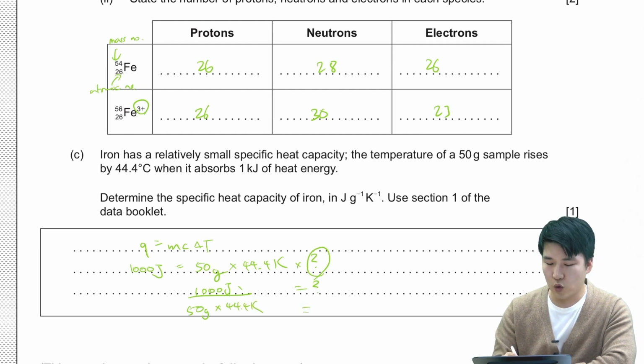Do the math, will be given 0.45. Let's put the units in, joules per gram per Kelvin.